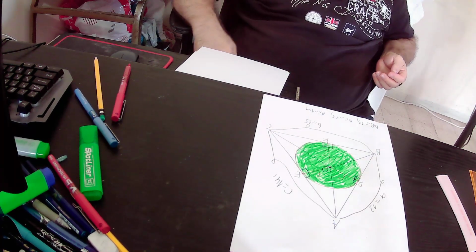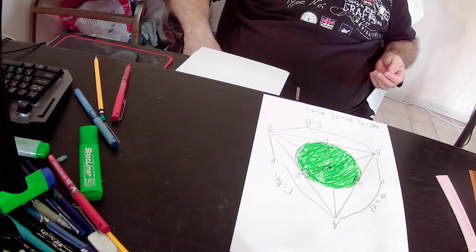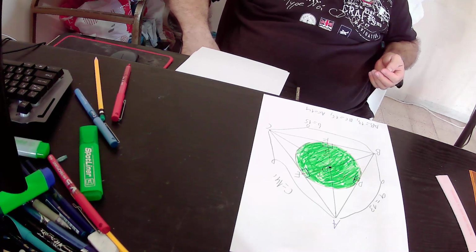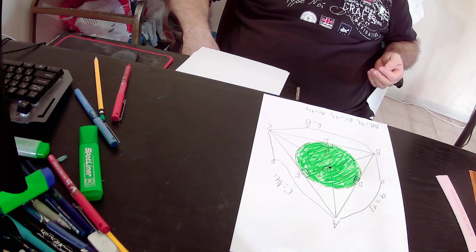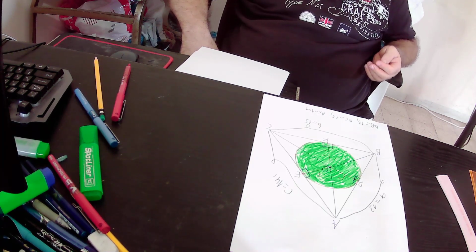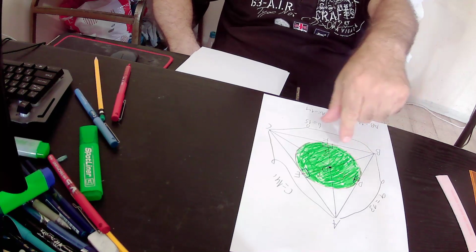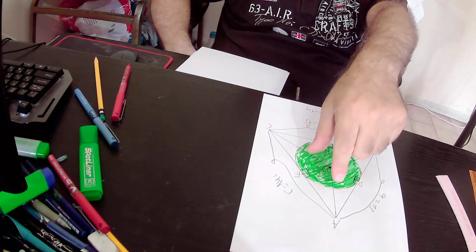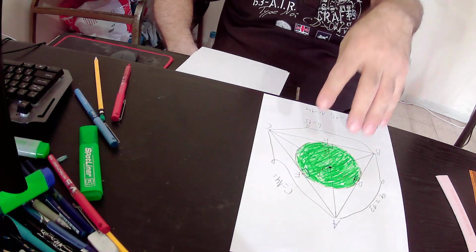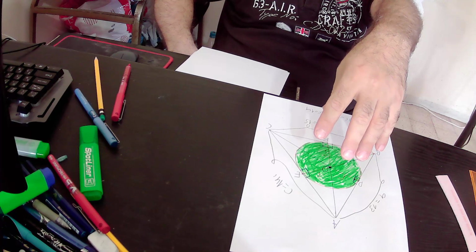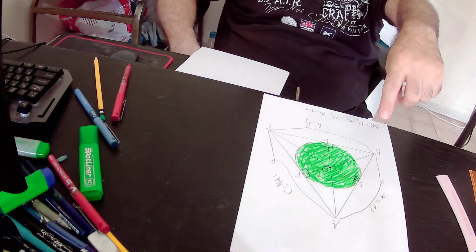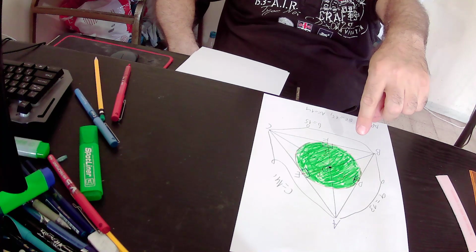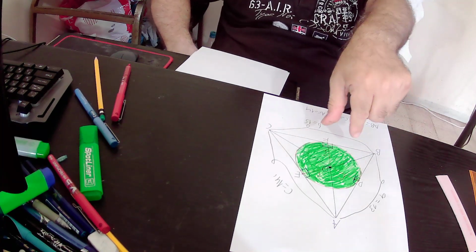Okay, so in the next step, we will create an equation that states that the sum of the areas of the three small triangles, triangle AOB, triangle BOC, and triangle AOC, equals the area of the big triangle ABC, because the big triangle contains exactly the three small triangles, triangle AOB, triangle AOC, and triangle BOC.